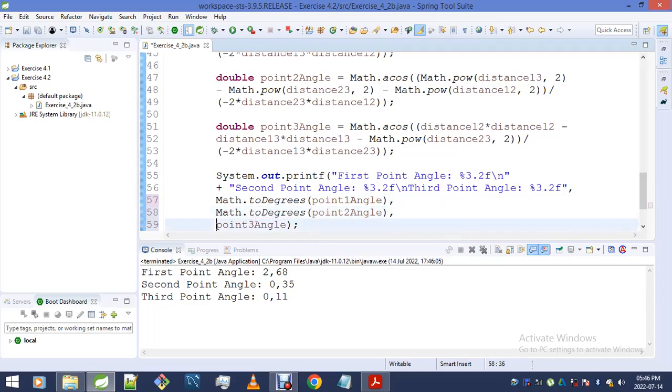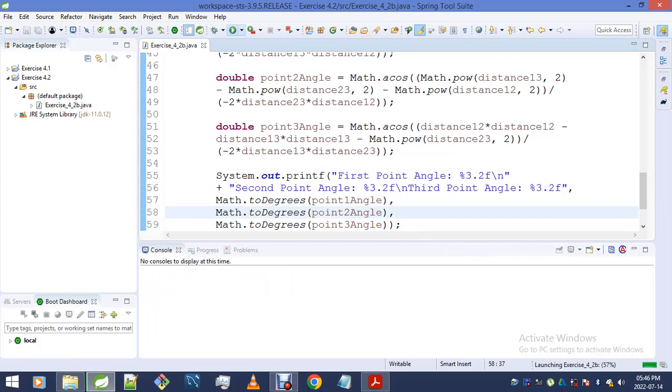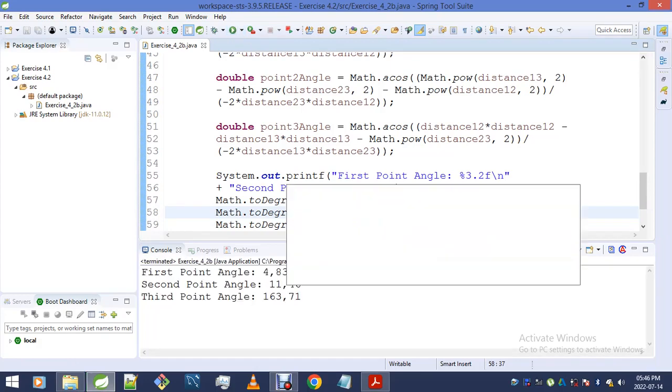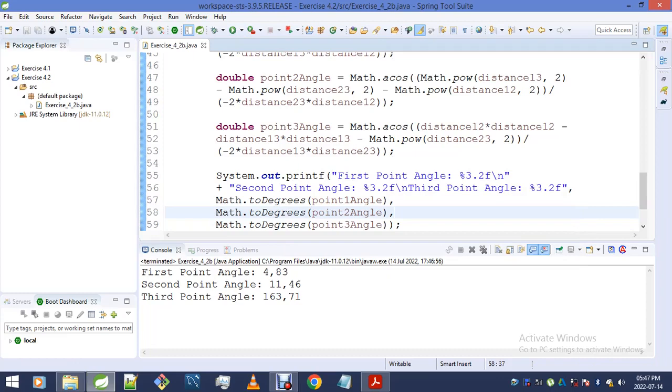Okay, and then finally I need to do the very same thing for that. Now let's see what we can get. See, now we get numbers such as 163.71 degrees.